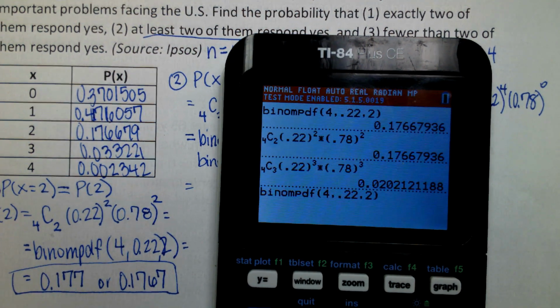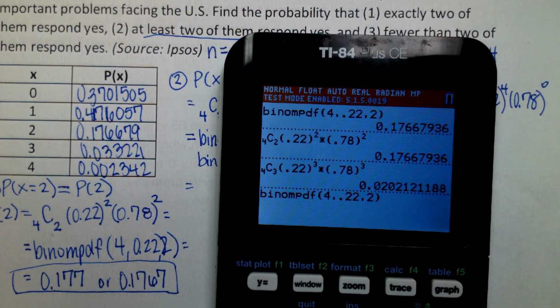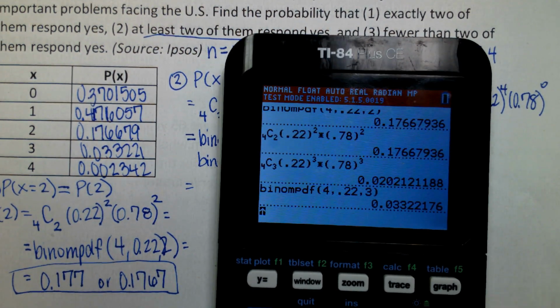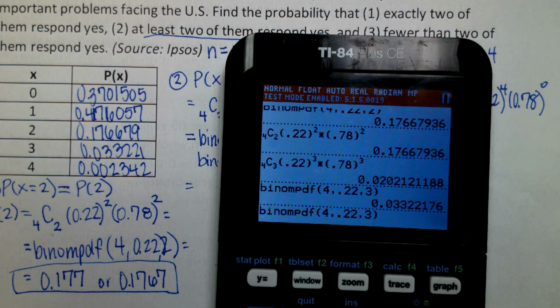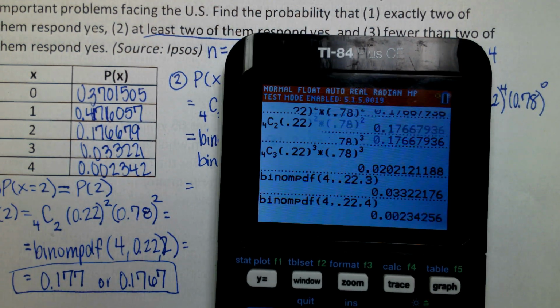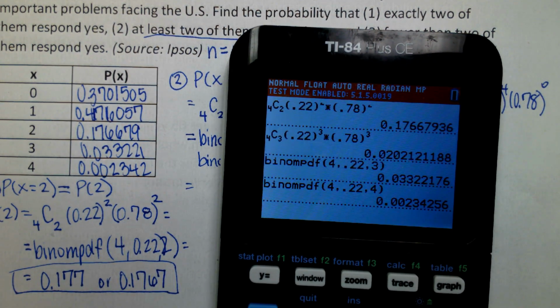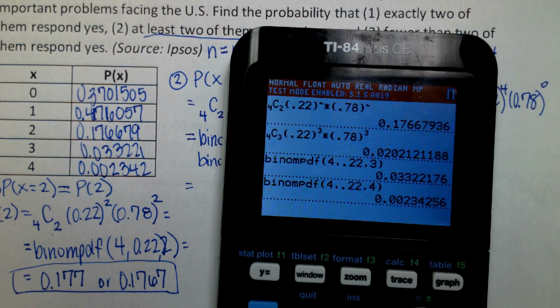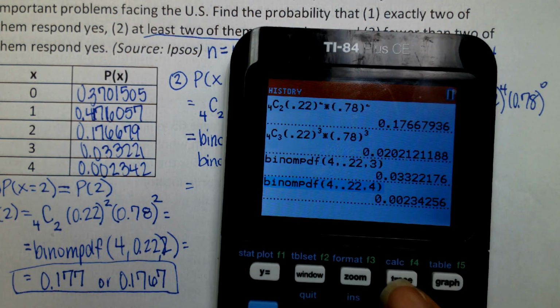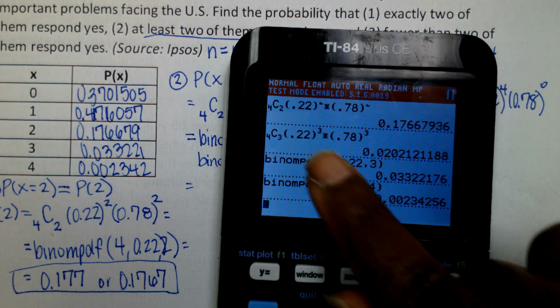For binomial PDF, same thing. 3. Second enter. 4. Oh, I forgot that one's supposed to be 3 and 1. Sorry. I was like, why not the same? Get 3 and 1.